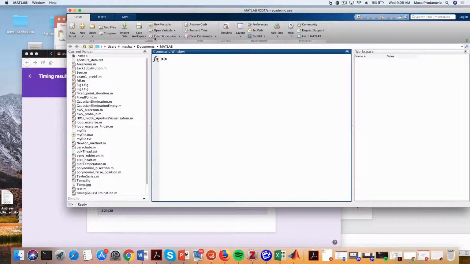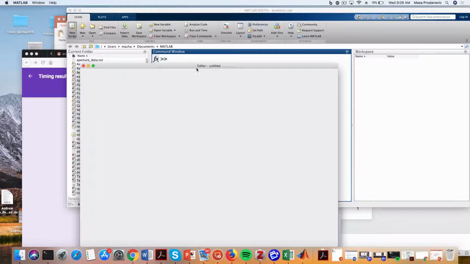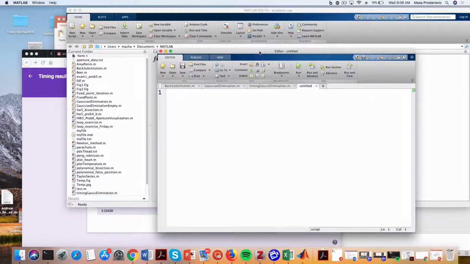Now, before we go to the programming of that today, I want you to think about timing, and this is how we're going to do it. Say A is some random array, and N is 100, it doesn't really matter, N by 1, and B is rand of N by 1.